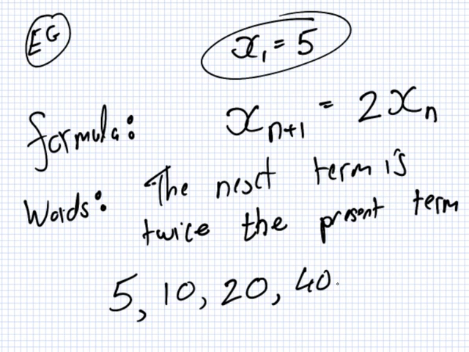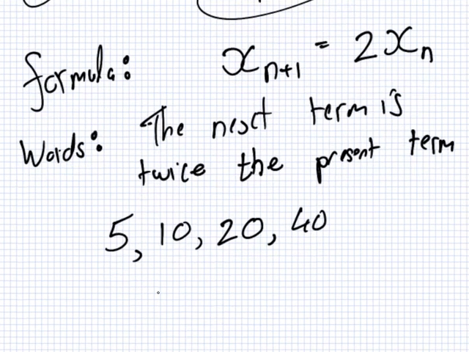This sequence is a bit different to the previous sequence, because now, if I ask you what is the 100th term, you realize this isn't as easy as before, because what will you have to do? You'll have to first get the 99th term, but before that you have to get the 98th term, and before that the 97th term. So this type of formula is called something different to the other one.